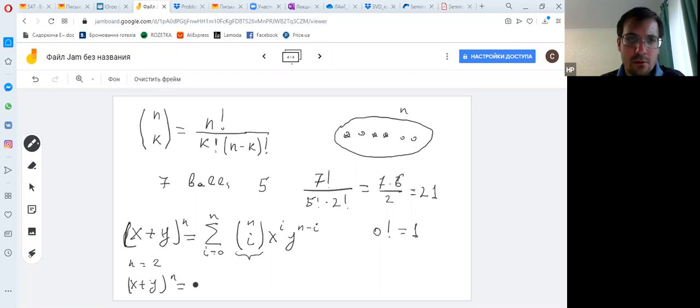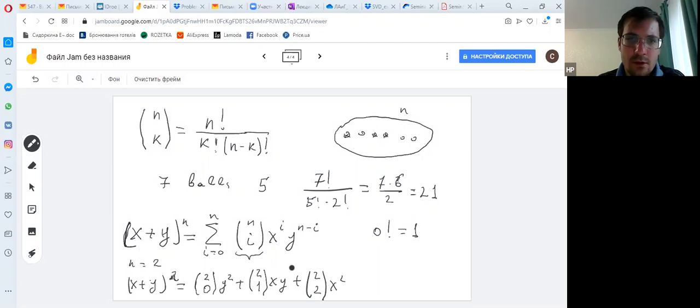It is equal to the binomial coefficient of 2 and 0 multiplied by y squared, plus the binomial coefficient of 2 and 1 multiplied by x y, plus the binomial coefficient of 2 and 2 multiplied by x squared.